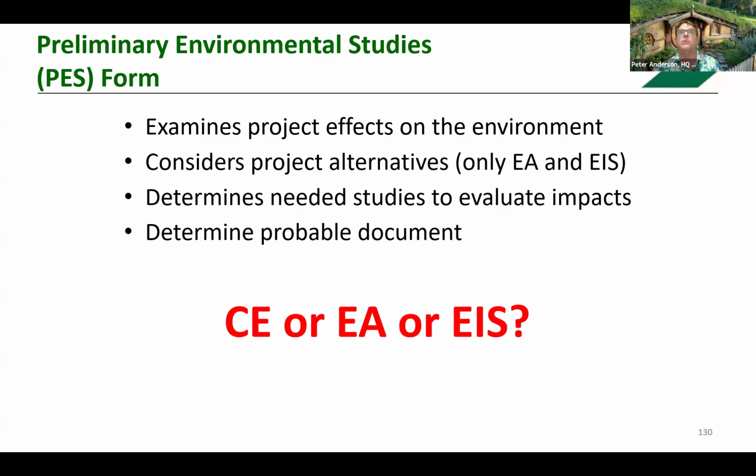CE, which is categorical exclusion, does not have any significant environmental impacts. EA, environmental assessment, is used in cases where there will be significant environmental impacts, but does not require the preparation of an EIS, which is an environmental impact statement. It is a full disclosure document and is the highest level analysis required by FHWA.